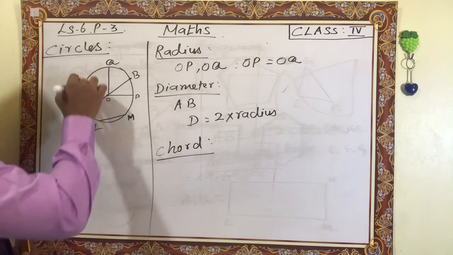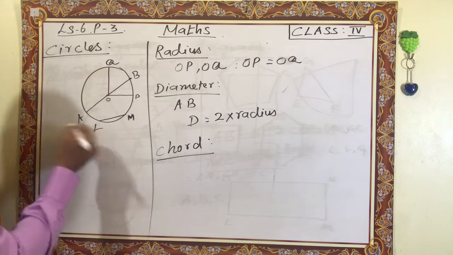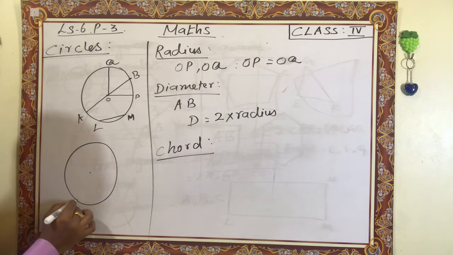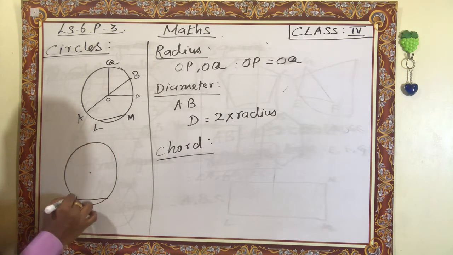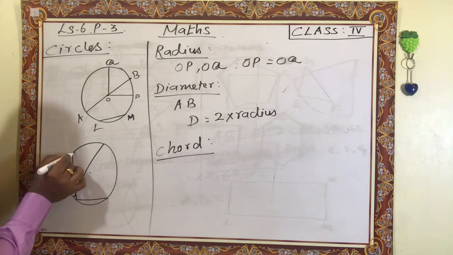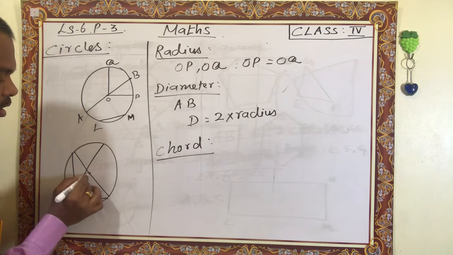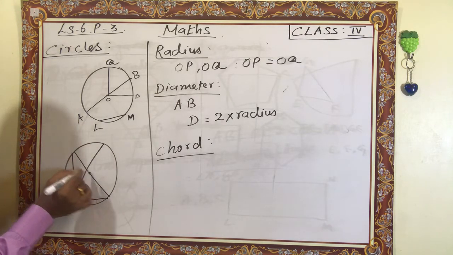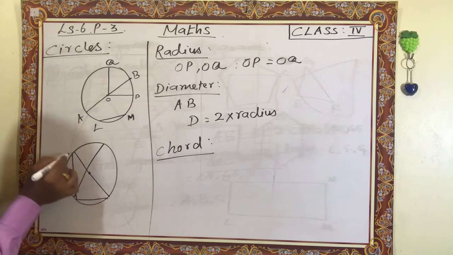Not only this, we can draw a chord here also. One more circle I will draw only for chord. This is the center. This is one chord, and this is another chord. This is also a chord, and this is also a chord. This chord is passing through the center of the circle.